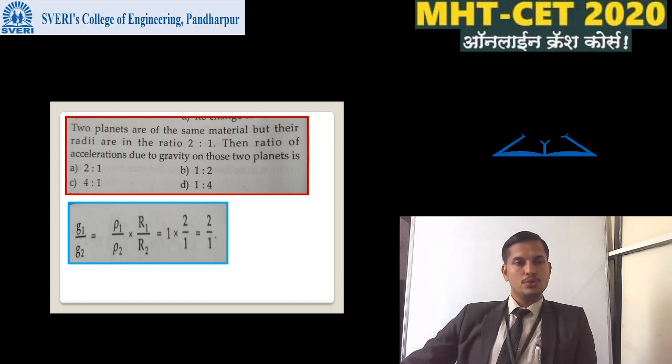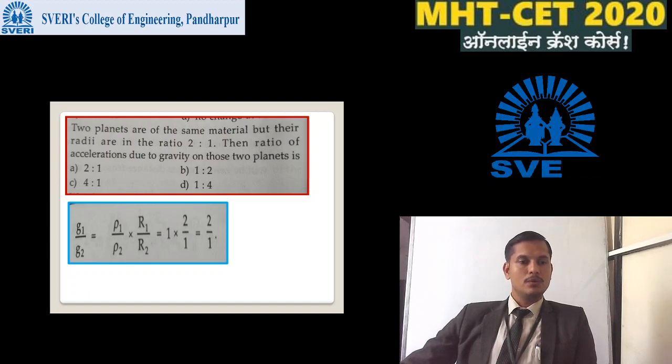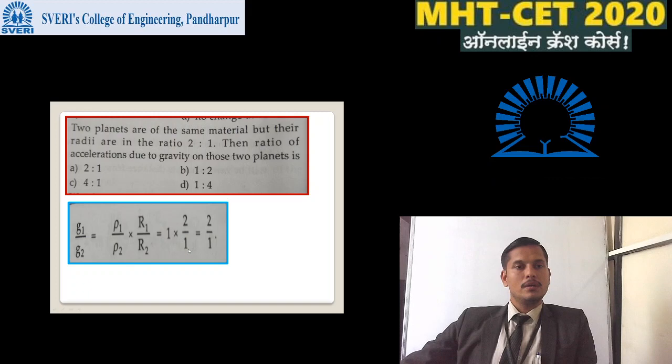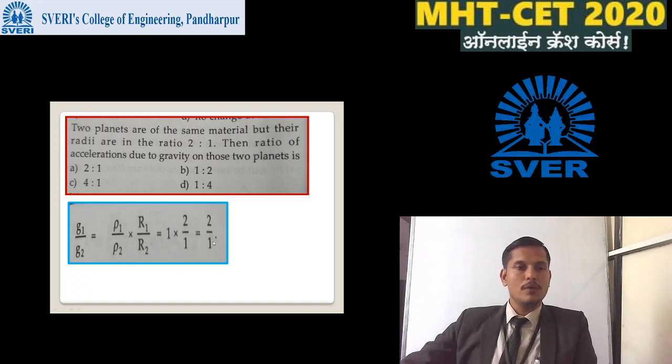The solution: the equation we know is g1 upon g2 equal to rho1 upon rho2 into r1 by r2. As the material is the same, the density is the same, so that becomes 1, and r1 by r2 is 2:1, so it becomes simply 2:1. So the ratio of acceleration due to gravity on those two planets is 2:1.